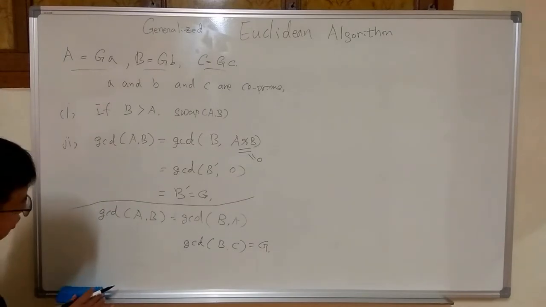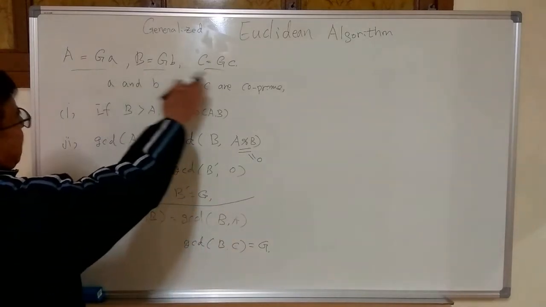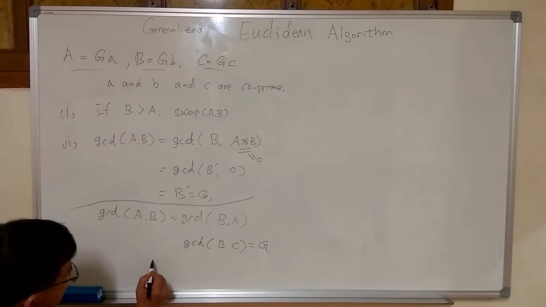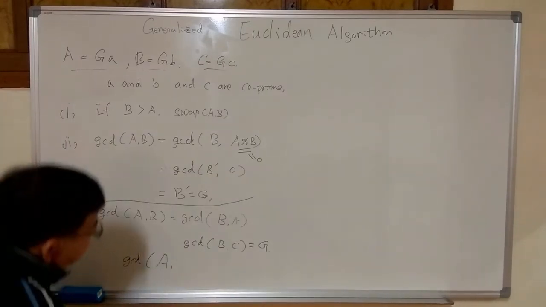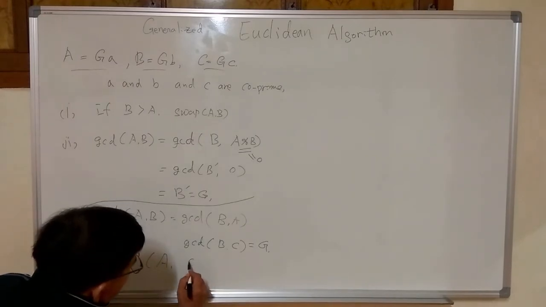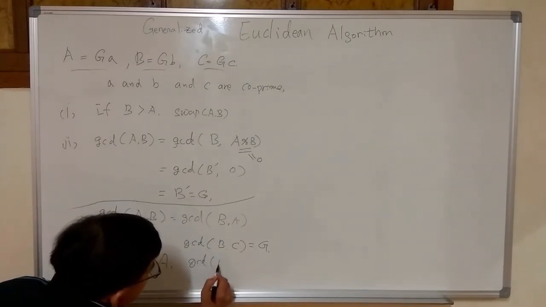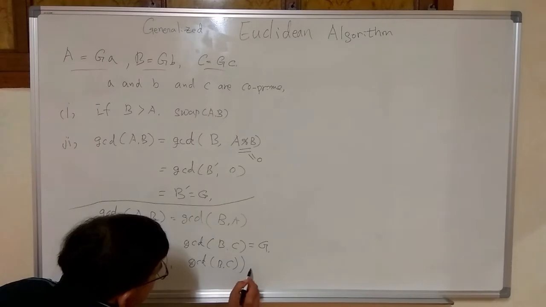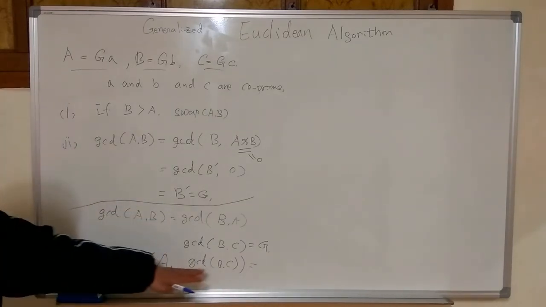Now, if we want to get GCD of A, B, C, then we apply like this: GCD(A, GCD(B, C)). Then we have to evaluate this.